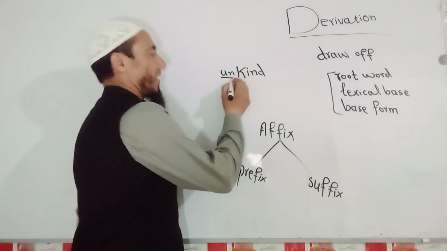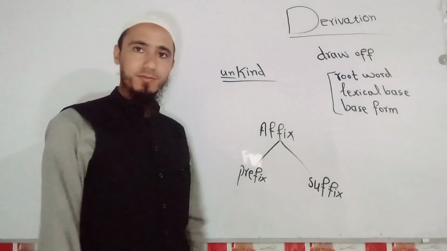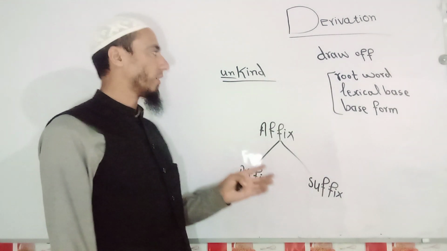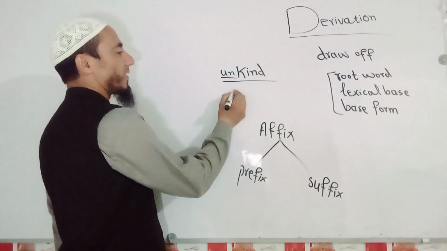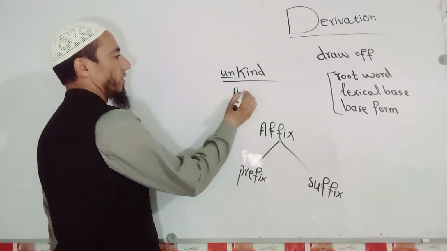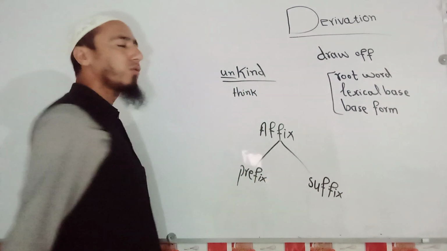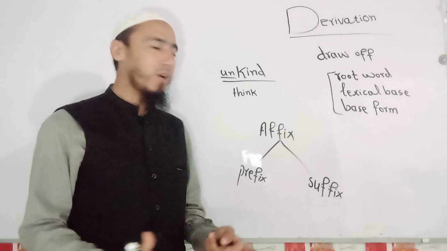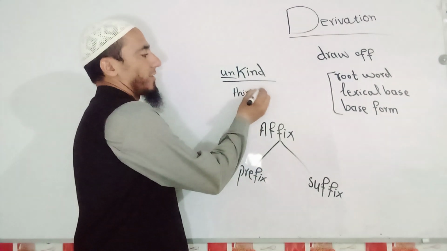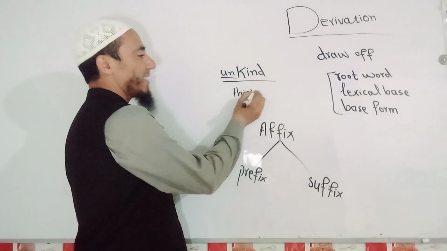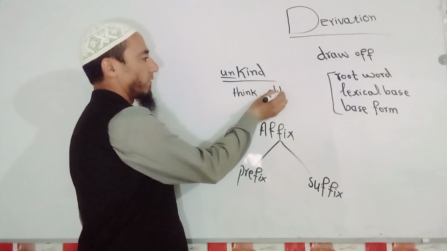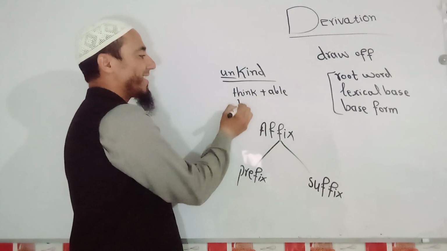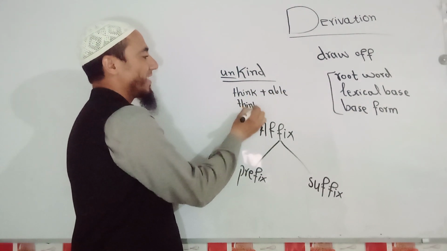So a new word is formed, unkind. This is derivation. For example, we have another word, think. This is the root word. To make a new word, here a suffix is added, like able. So thinkable, thinkable.